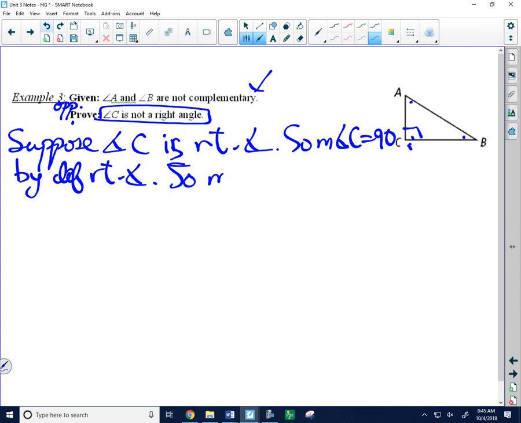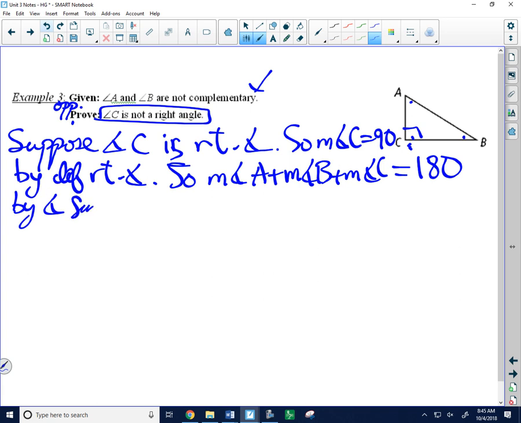I'll put so measure of angle A plus measure of angle B plus C equals 180 by the angle sum theorem. So we have measure of angle C equals 90, because there's a right angle. And then we have A plus B plus C altogether equal 180 by the angle sum theorem.